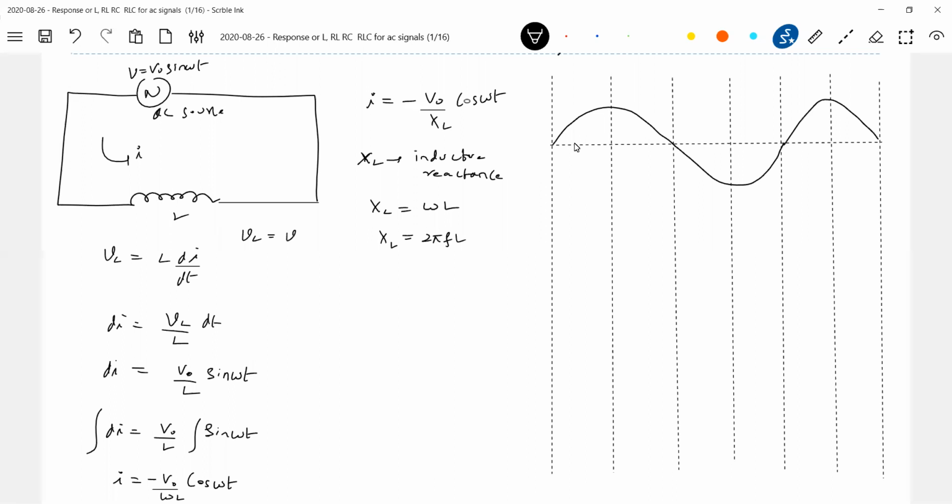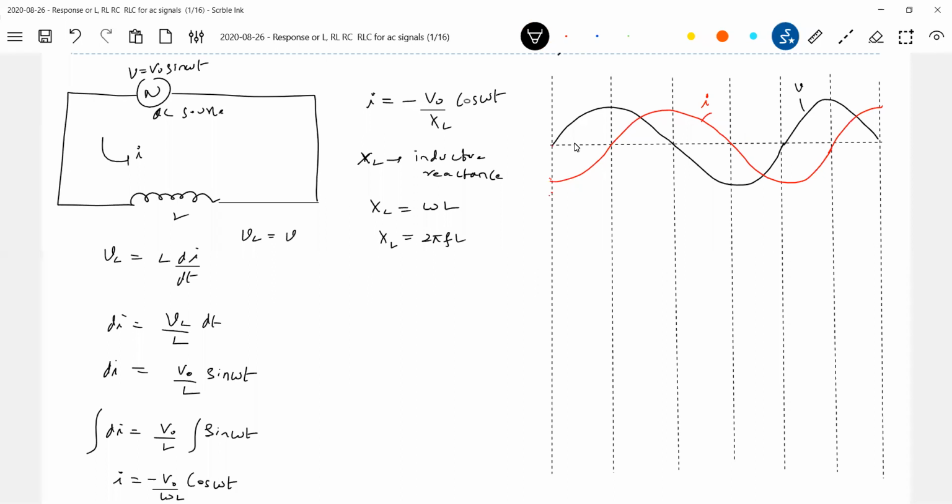Next, what we have is minus cos omega t. So this is the current and this is the voltage.